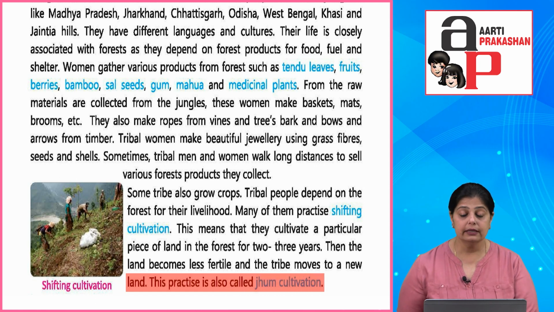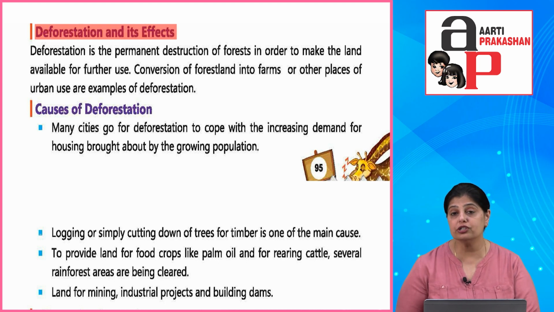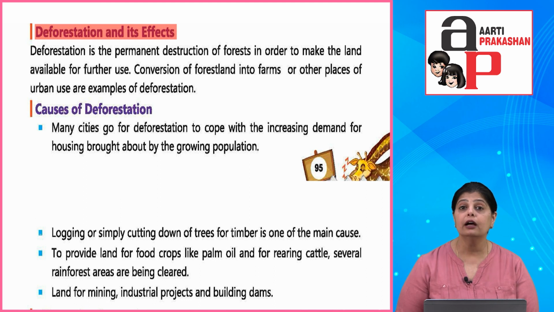Next, let's look at deforestation and its effect. You know the term deforestation means? It means cutting off the trees. So let's see how it has affected human life and how it continues to still affect our world.